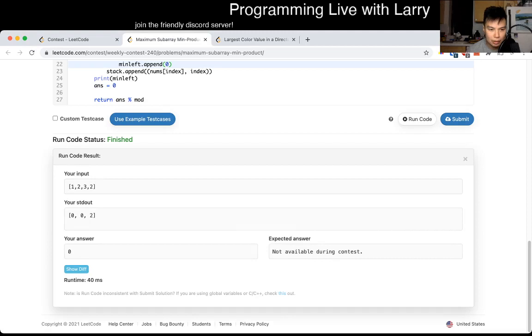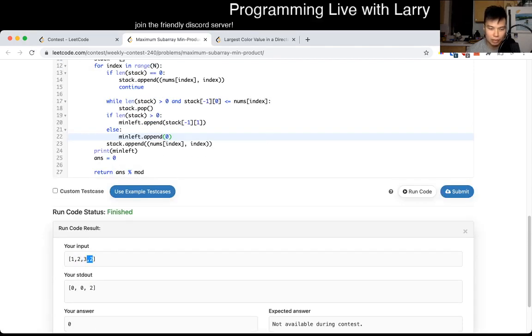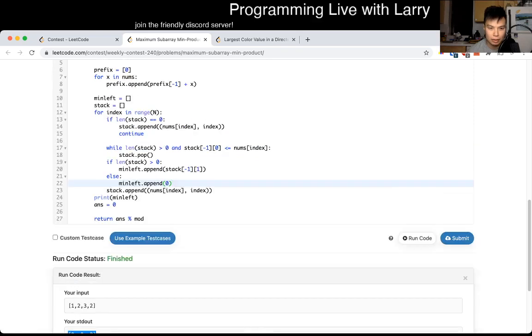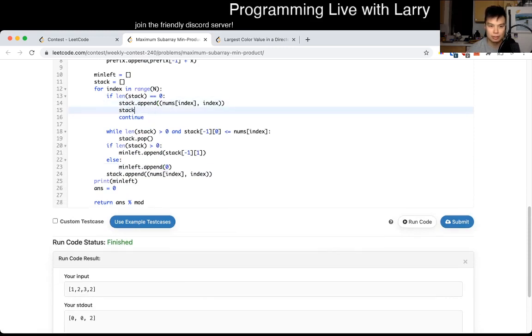Someone 0, 0, 2. Is that right? Yeah, okay, because you want to go to 3. Right. Oh, oops. Maybe negative.